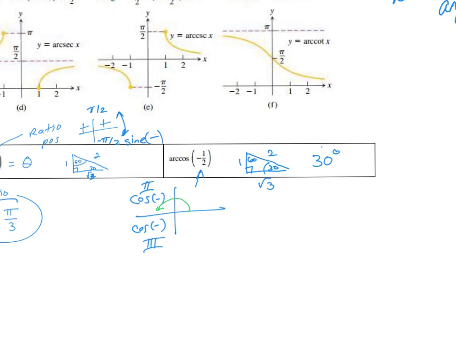So we know we cannot be here. This would be a no, because cosine's not negative there. So it must be that we have a 30-degree reference angle over here. Since 30 degrees is pi over 6, I know that I'm talking about theta, or x, whatever you want to call it, being 5 pi over 6, because that is between 0 and pi.